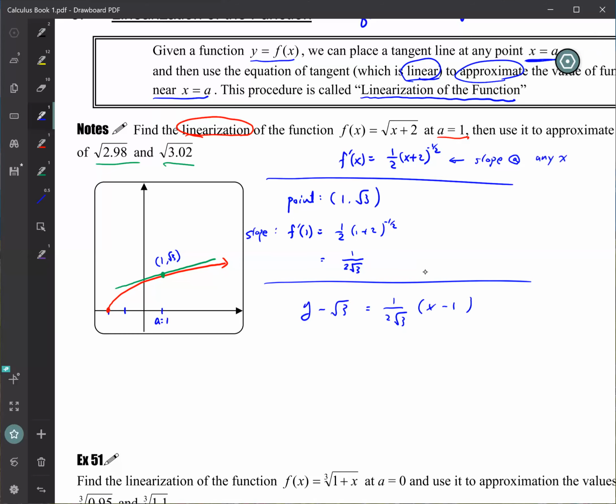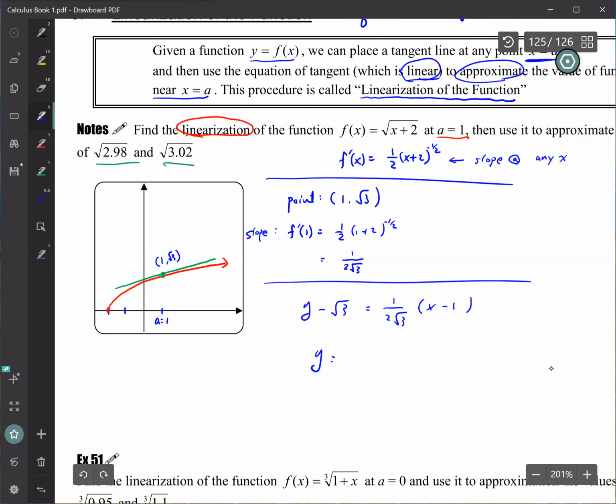Okay, I hope this is not a stranger to you, you guys. I know it's been a while, but this should be the minimum thing that you have to know, okay? Finding the equation of tangent. Okay, so this represents the equation of this line. And then we want to use this, so of course you can move it, right?